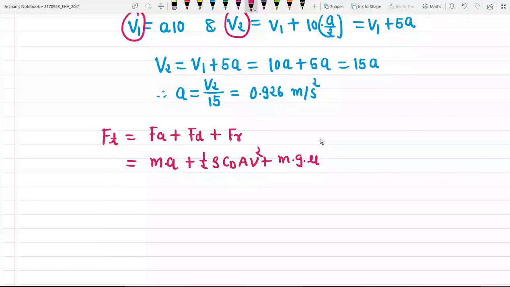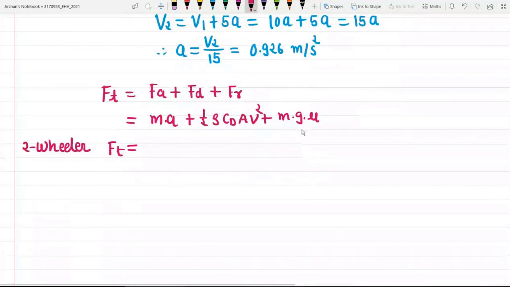I am considering the case of a two-wheeler. Velocity 50 kilometer per hour is 13.89 meter per second.